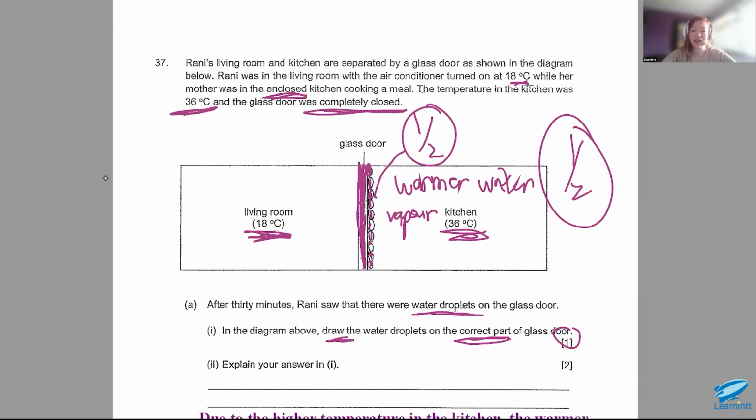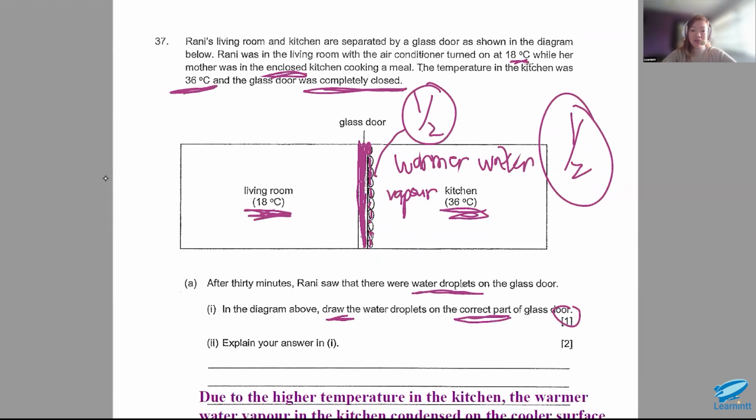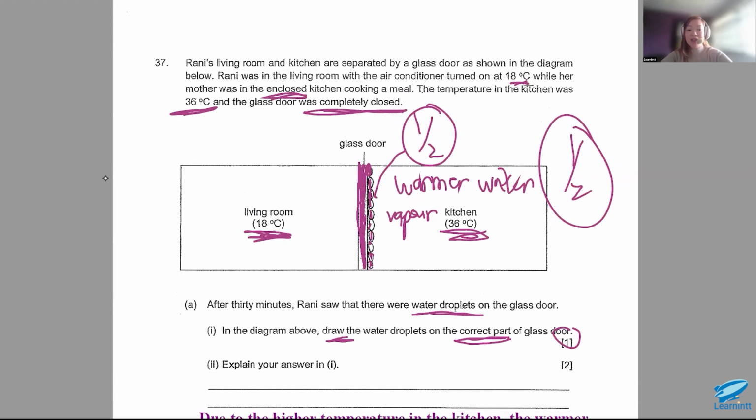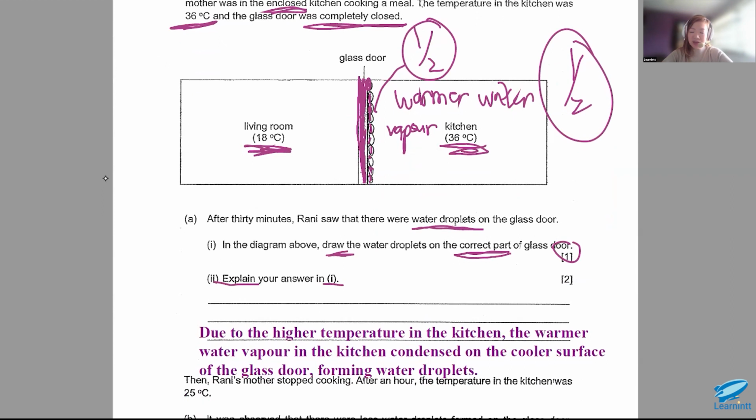Okay. Next, they're asking you why. Explain your answer. Like, why are the water droplets on that side? So since we already figured it out, we just have to write it out. How do you write it? You have to talk about the higher temperature in the kitchen. There is warmer water vapor, which condenses on the cooler surface on the glass door.